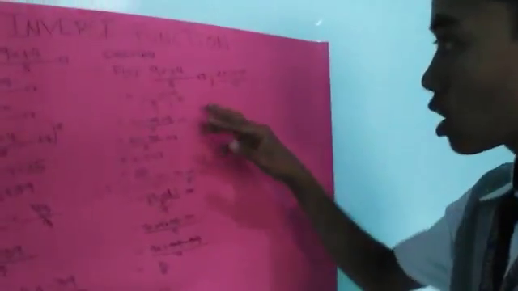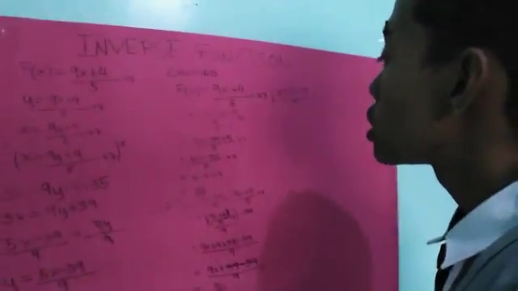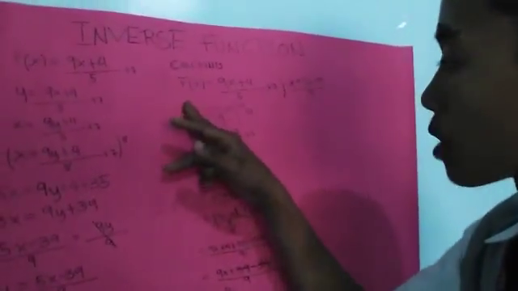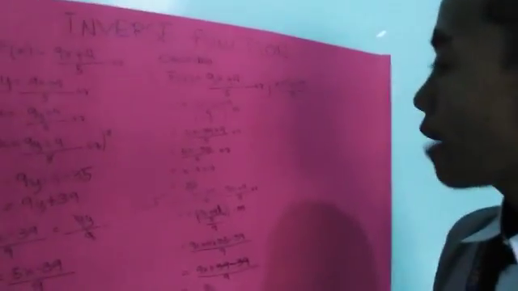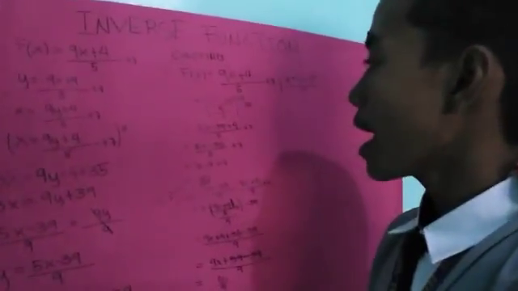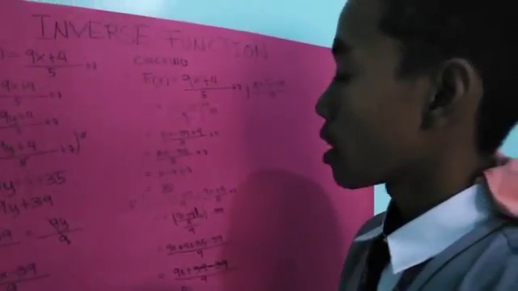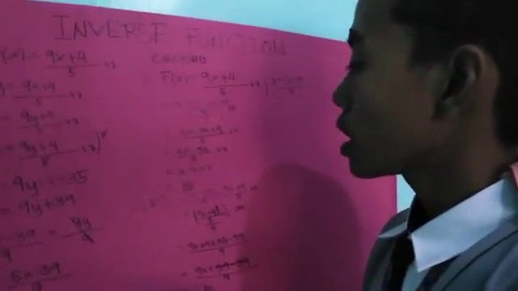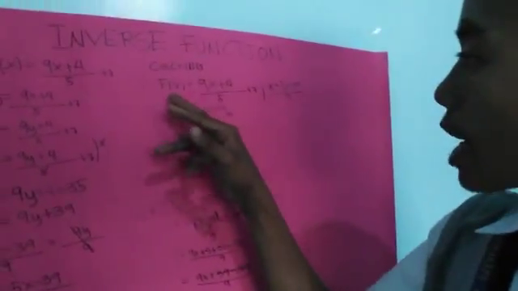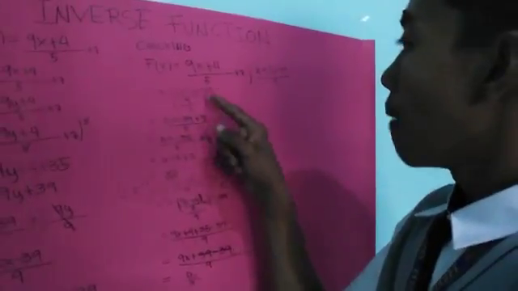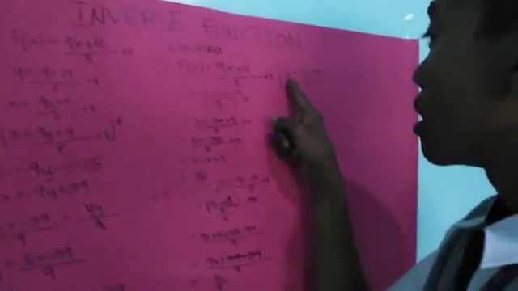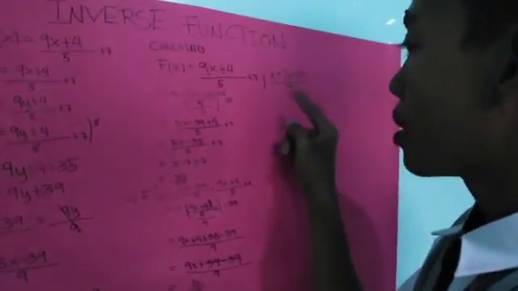So let's proceed to the checking of the inverse function. First, solve for f of x when x is f to the power of negative 1 quantity x. f of x equals (9x plus 4) over 5 plus 7, and x is equal to (5x minus 39) over 9.